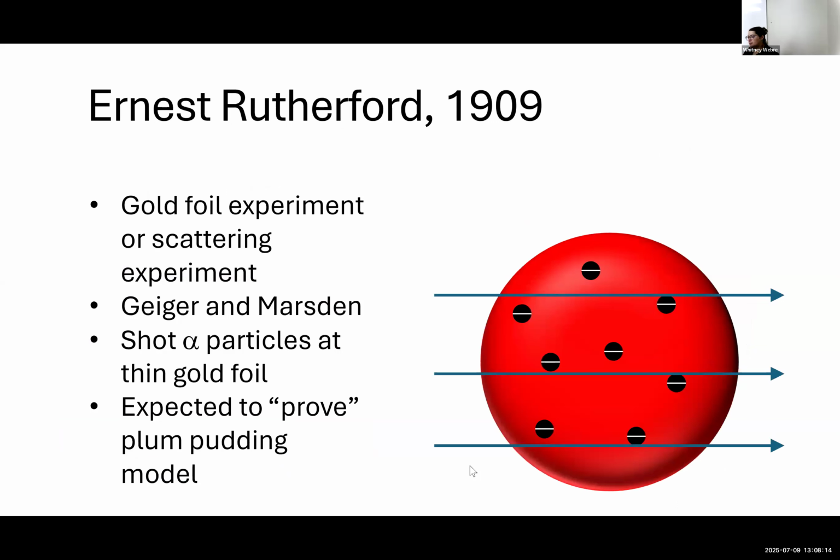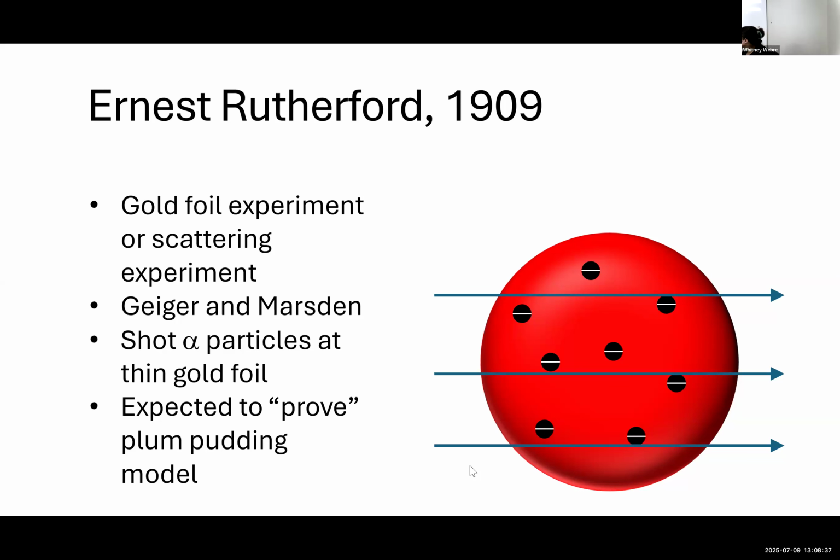His student was able to disprove his theory, but still prove parts of it true. Ernest Rutherford was J.J. Thomson's student, and 9 years later, in 1909, he created the gold foil or scattering experiment, where he took a flat piece of gold.